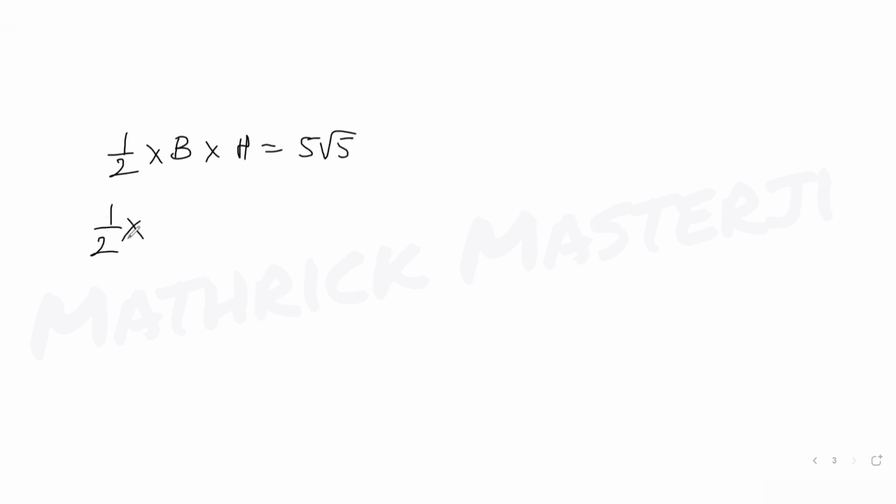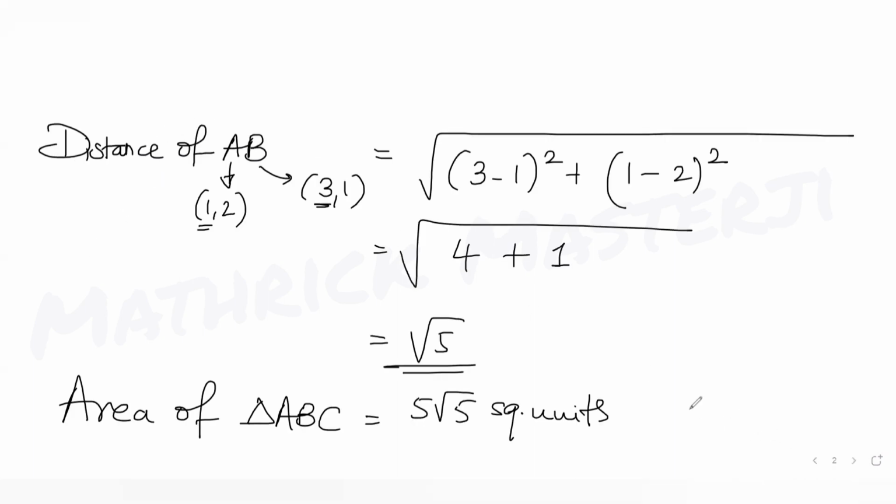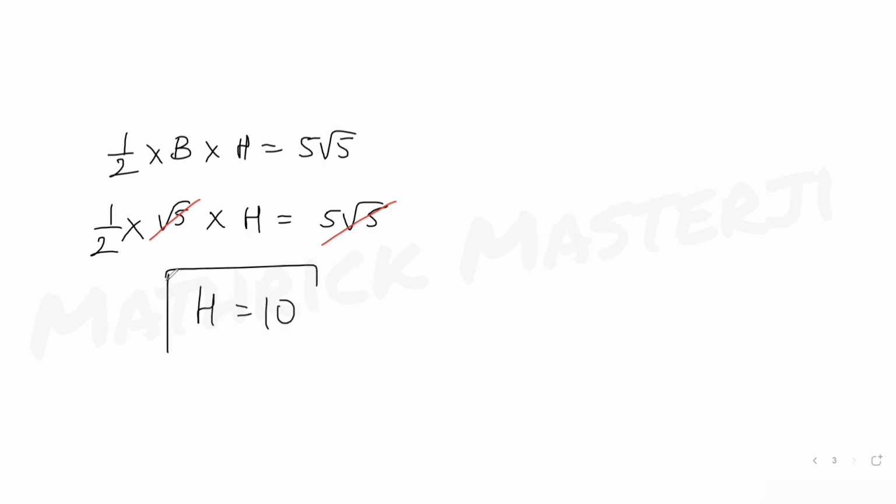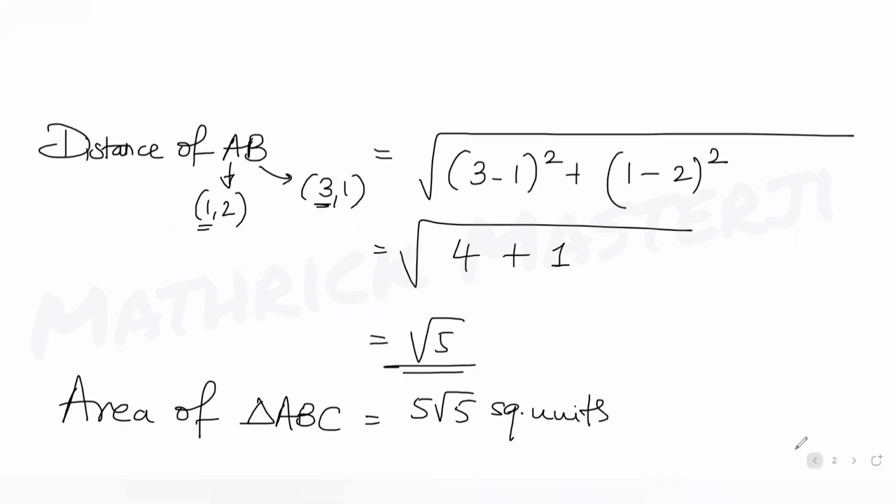So half into base of the triangle, which is known to me as root 5, into height is equal to 5 root 5. If I cancel some terms here, I can cancel out 5 and 5, root 5 and root 5. So I get the height of the triangle as 5 into 2, which is 10 units. So I also have the height of the triangle.